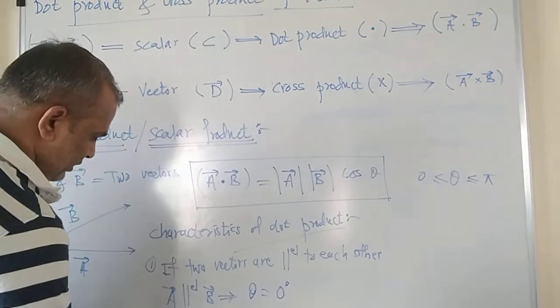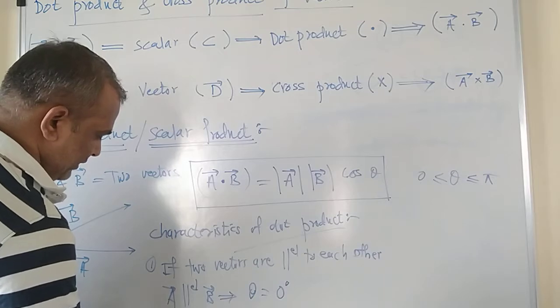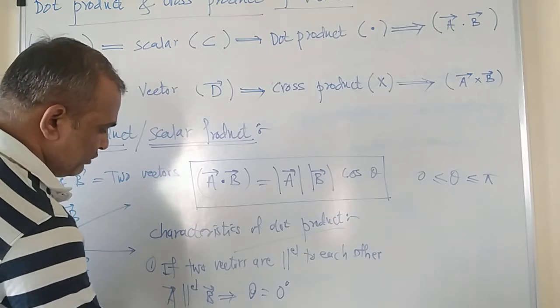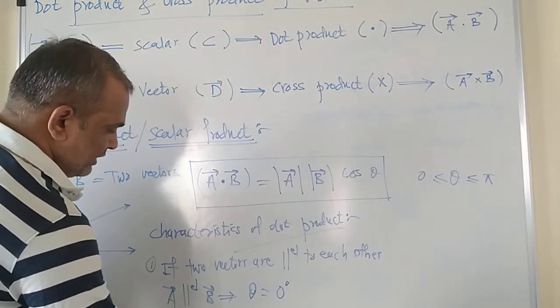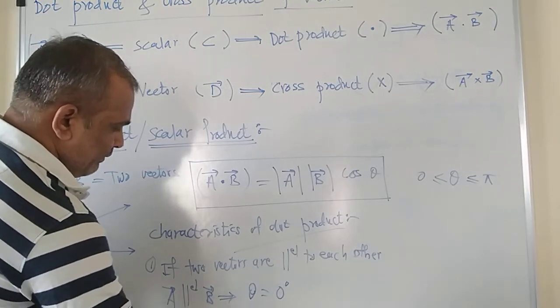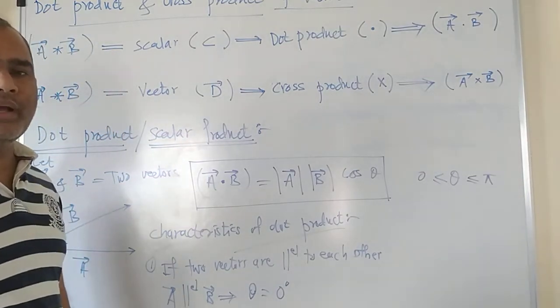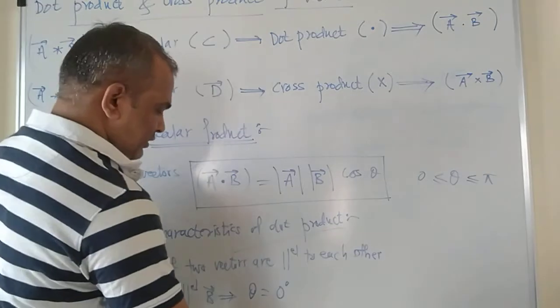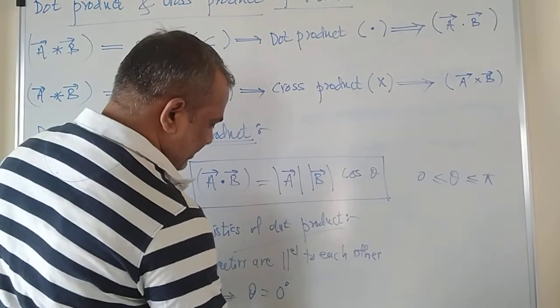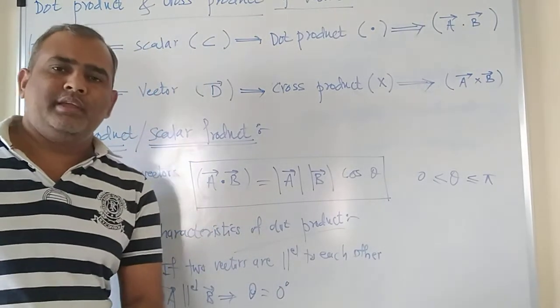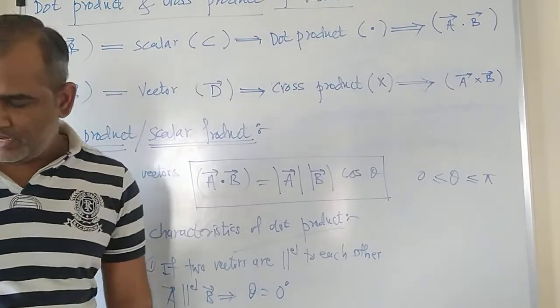Therefore the dot product of two vectors, if they are parallel to each other, is just the multiplication of the magnitudes of the two vectors, which you can also represent with the letters AB. Got it? This is the first characteristic.